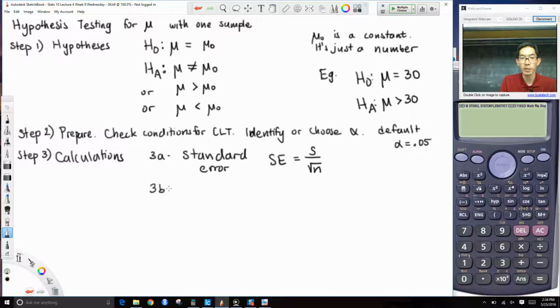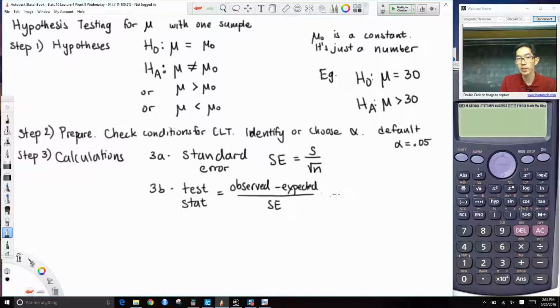Once you have your standard error, figure out your test statistic, which is always our comparison between the reality, or the observed, and the expected: observed minus expected divided by our standard error.